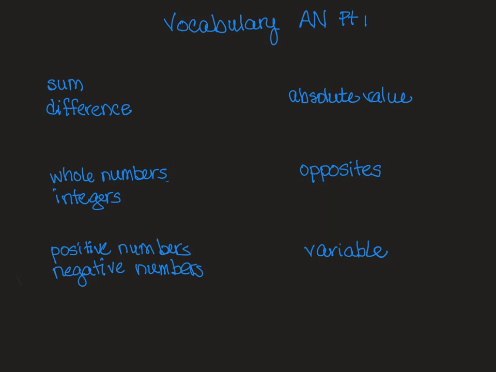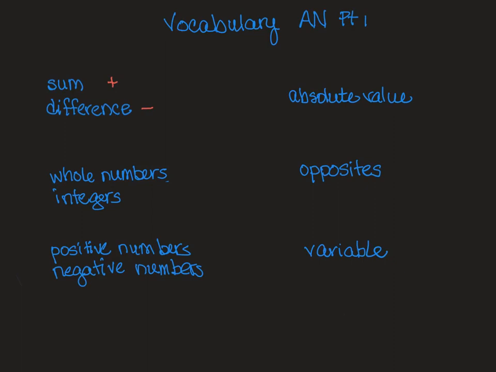Okay, so the sum is the answer to addition. When I add something together, that answer that I come up with is the sum. The difference is subtraction, and I think that makes good sense.